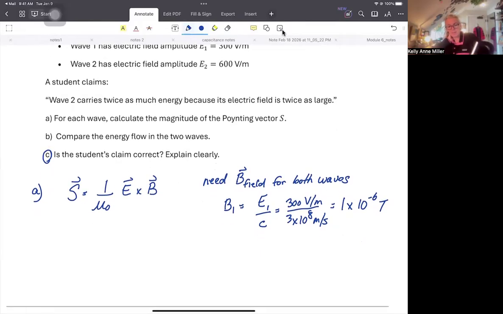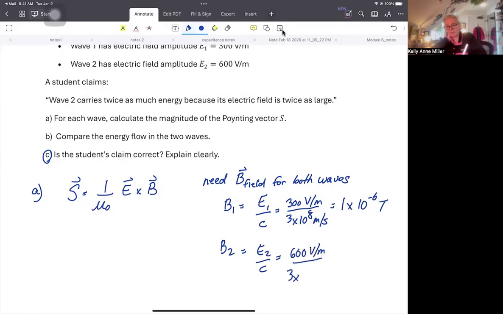Okay. And then B2 is just going to be E2 divided by c. Same technique, 600 volts per meter divided by 3 times 10 to the 8 meters per second. So that's going to give me 2 times 10 to the power of -6 Tesla.